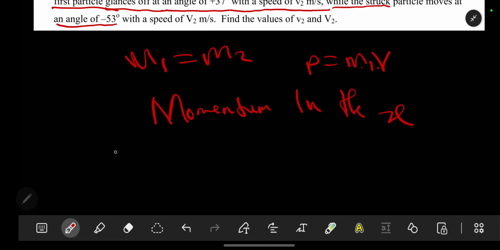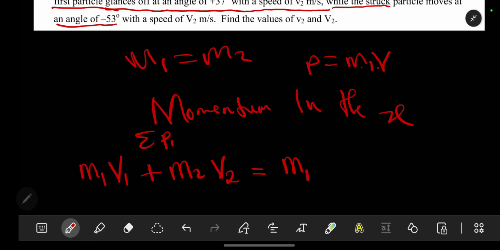So we have mass times the velocity. In this case, the momentum should be equal to m1 v1 plus m2 v2, should be equal to m1. So we are saying that the summation of the initial momentum should be equal to the summation of the final momentum. So you add the two particles. Particle 1 is m1 times v1 plus m2 times v2.